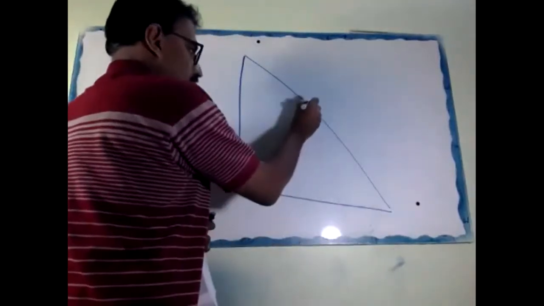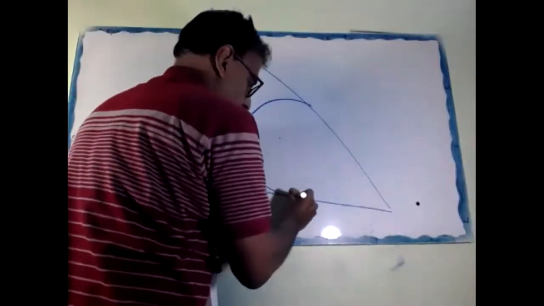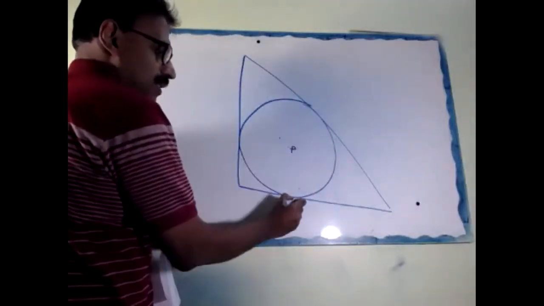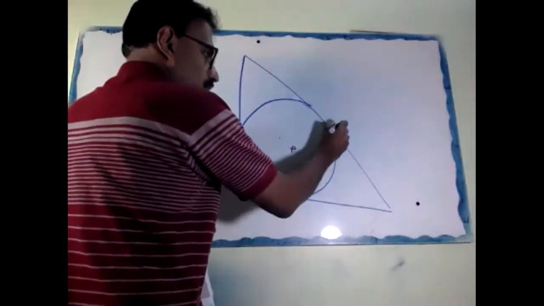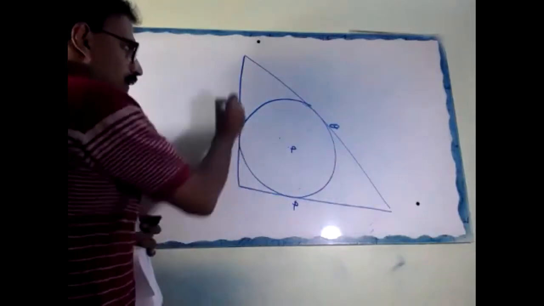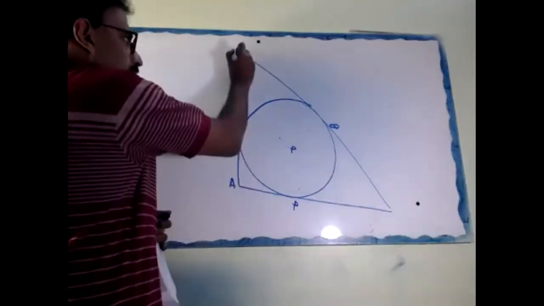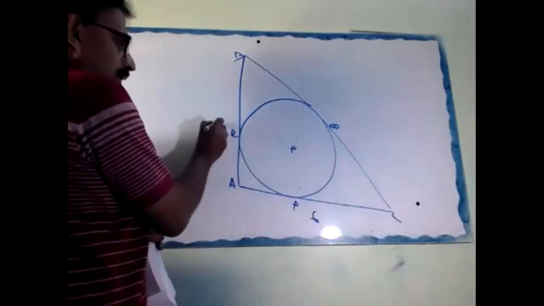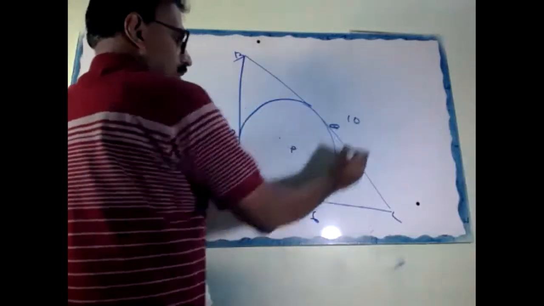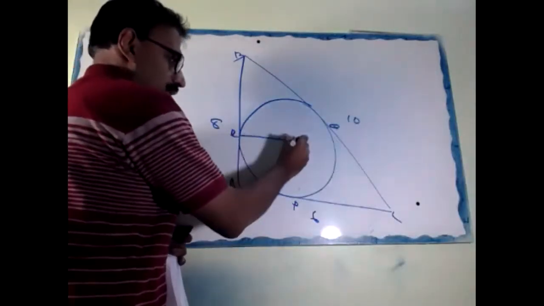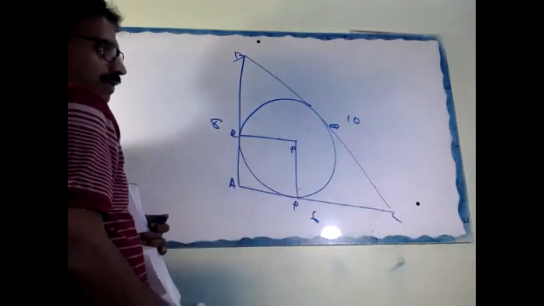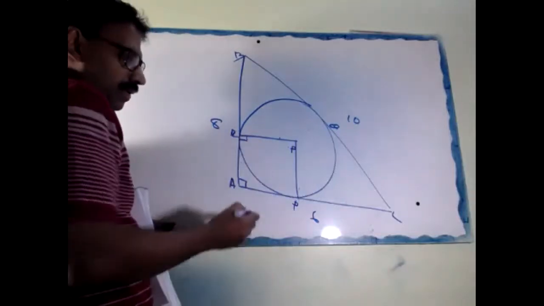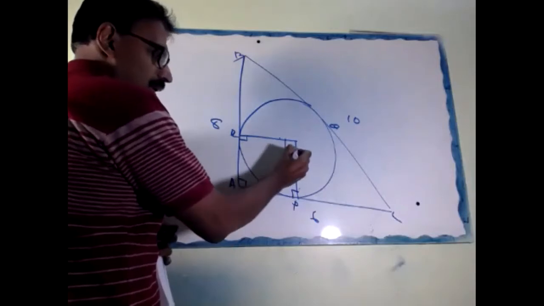Okay, circle. Here the center. This is P, Q, R. A here, B here, C here. This is 6 centimeter, 8. So this one 8. Pythagoras theorem. We join this one, join this. Okay, this angle 90 given. This is 90, so this also 90.